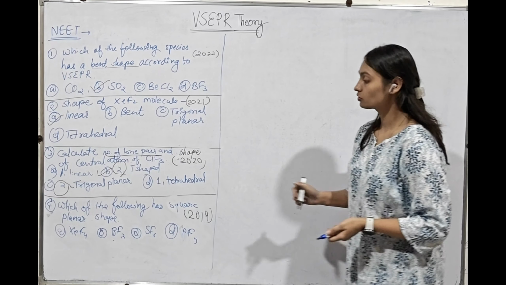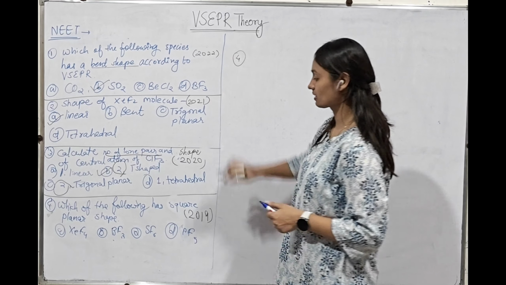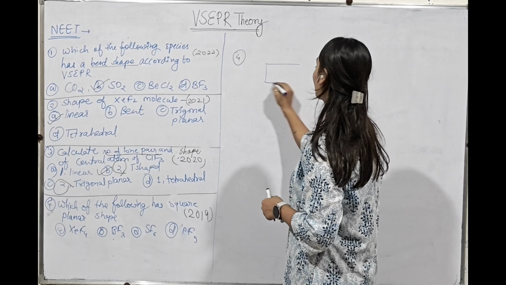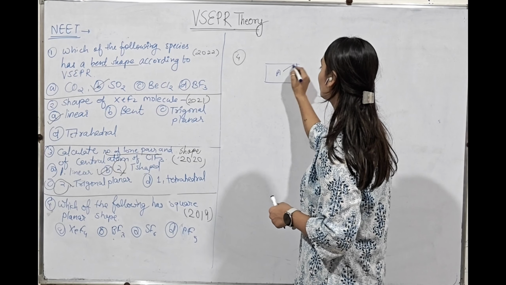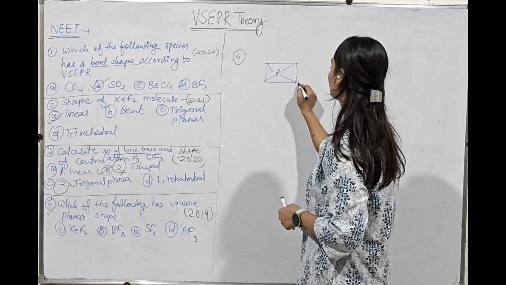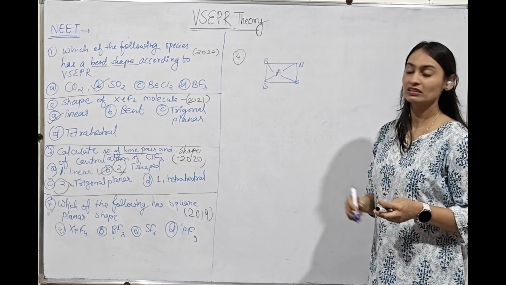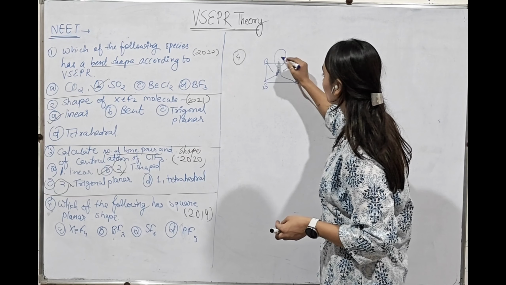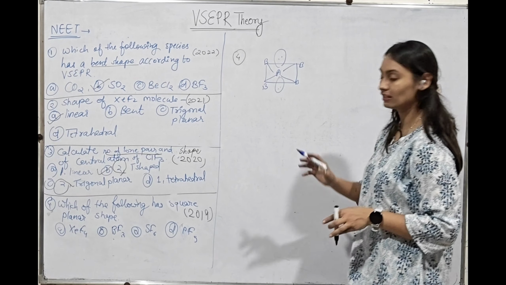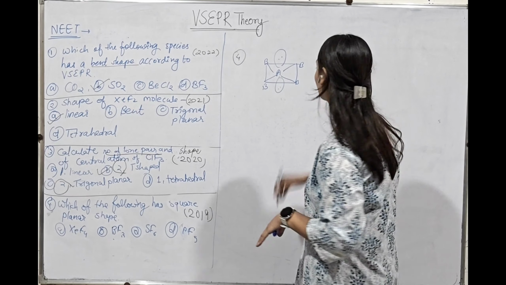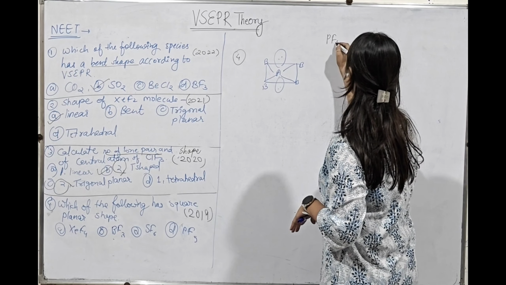So for the fourth one, they're asking us the square planar shape, right? We should know what square planar is. The square over here has A at the center, and at the four corners there is a B atom. This is square planar. Let's take the example of PCl5.